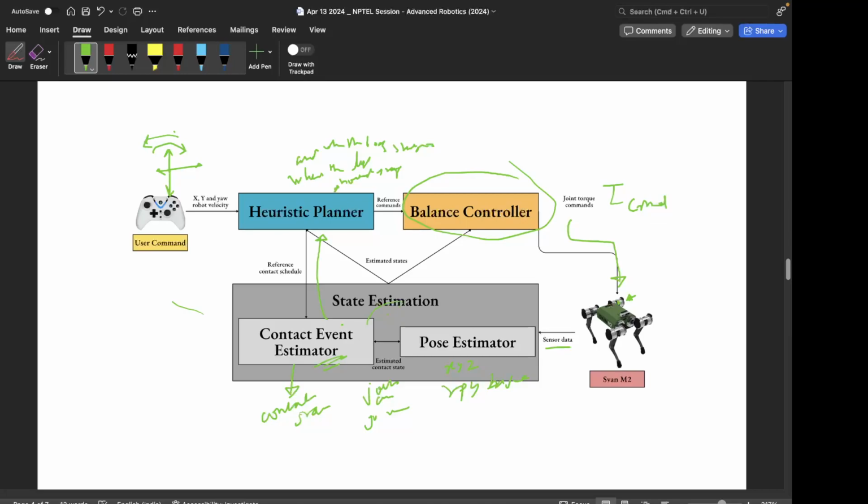Then we also saw how to get the equation of motion of a system, right? It can be either through the Newton-Euler equations or using the Lagrangian method, which is an energy-based method, in which we write the Lagrangian of the system and then use the Euler-Lagrange equation to get the equation of motion and get the mass matrix, Coriolis matrix, gravity, etc.